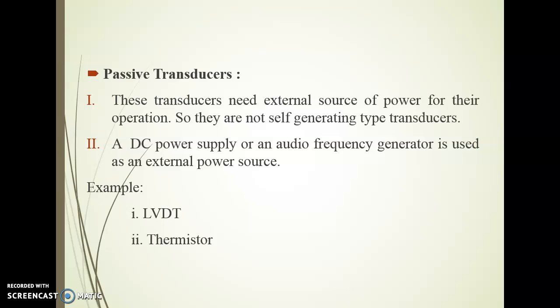Examples are the LVDT, that is, the linear variable differential transformer, or the thermistor. In a linear variable differential transformer, when we give a displacement as input, we get an AC voltage signal as output. In a thermistor, according to the temperature change, the resistance changes.